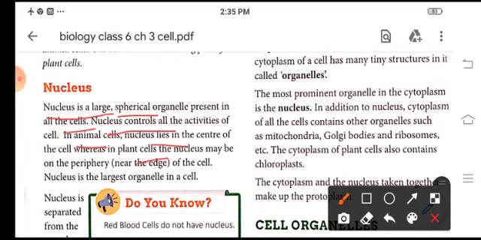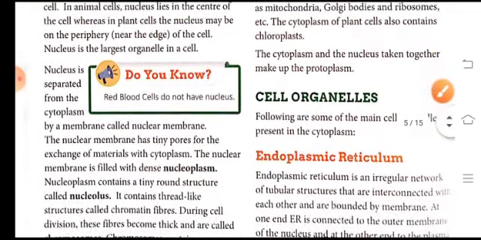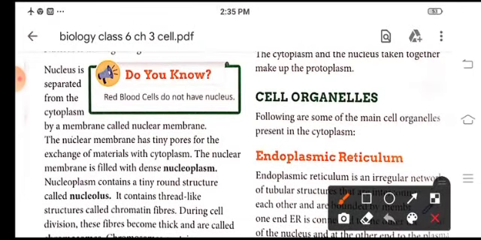The nucleus is the largest organelle in the cell. Nucleus is separated from the cytoplasm by a membrane called the nuclear membrane. This nuclear membrane, like the cell membrane, also has tiny pores for the exchange of materials with the cytoplasm. Inside the nuclear membrane, it is filled with the dense fluid known as nucleoplasm.